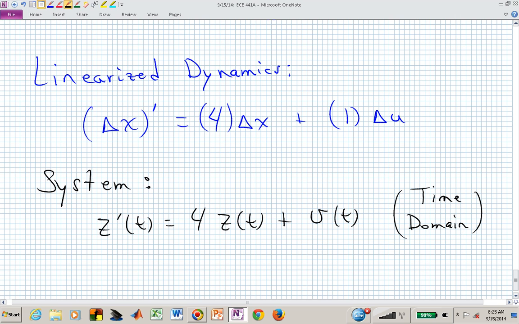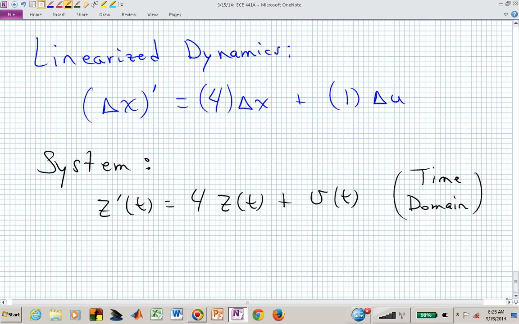We are now interested in the behavior of this system, which near that operating point is going to be describing the dynamic behavior of that original nonlinear system. But this system is linear, and we can play with this one more easily than the nonlinear system. That was the whole point.